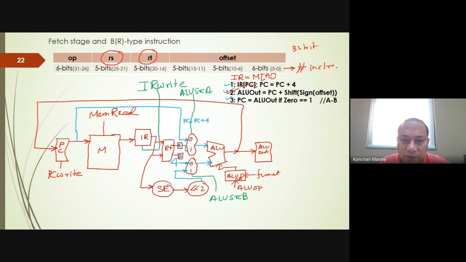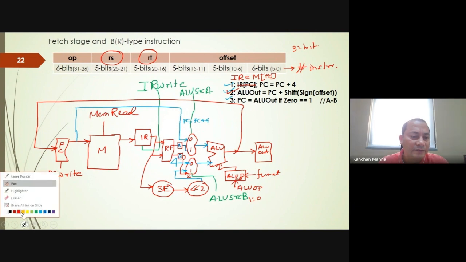Let's say we provide that value here, and we make it, let's say, a mux with 2 inputs inside. Then the select input would be 2-bit. So now we have performed the comparison.